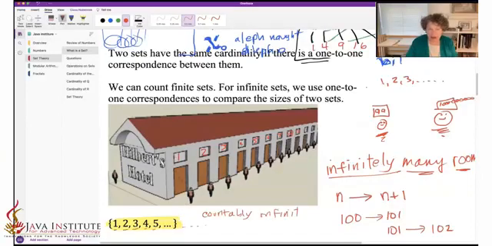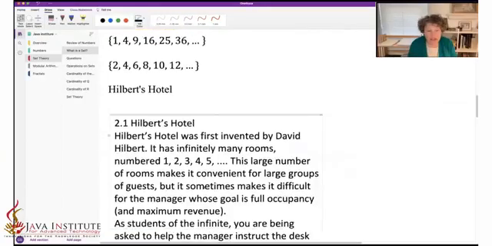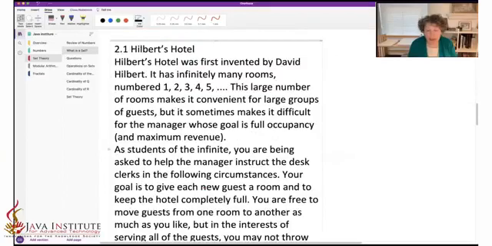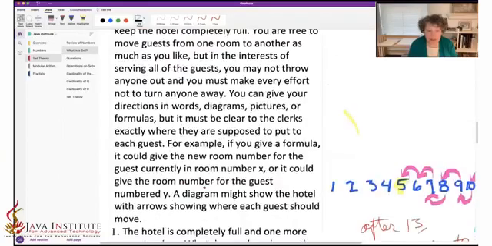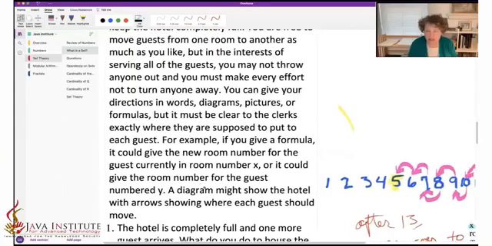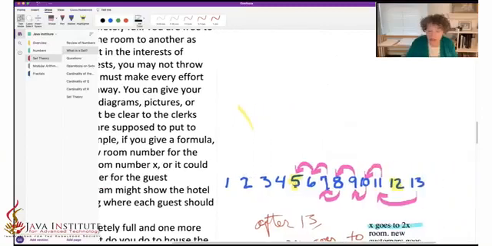And we saw that if we rearranged the people in the hotel, we could do a lot of interesting things. The first thing we did was we saw that if the person in room 5 moved out and the person in room 12 moved out, we could move the person in room 6 into room 5.